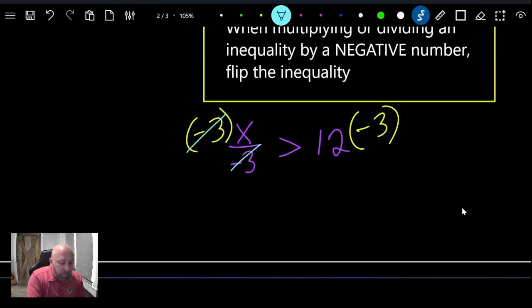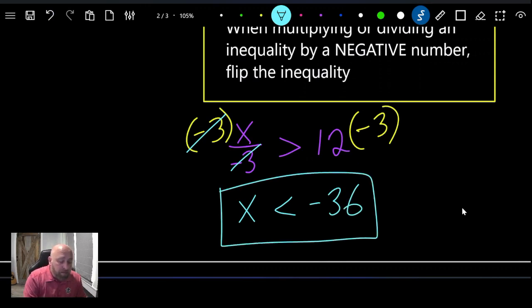So this cancels and we get x. Now, don't forget to flip this inequality. This is where students mess up right here. They don't flip the inequality. So now we're flipping it to a less than sign. And now we have to do this math right here, which is going to give us a negative 36. And that would be our answer. X is less than negative 36.